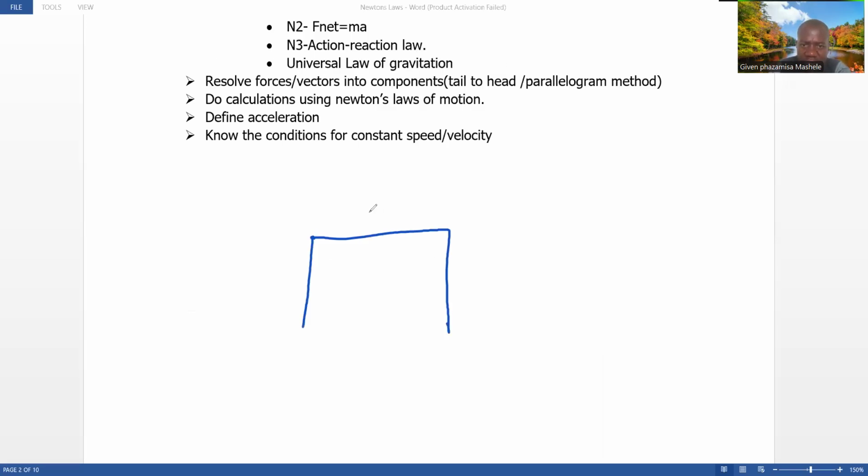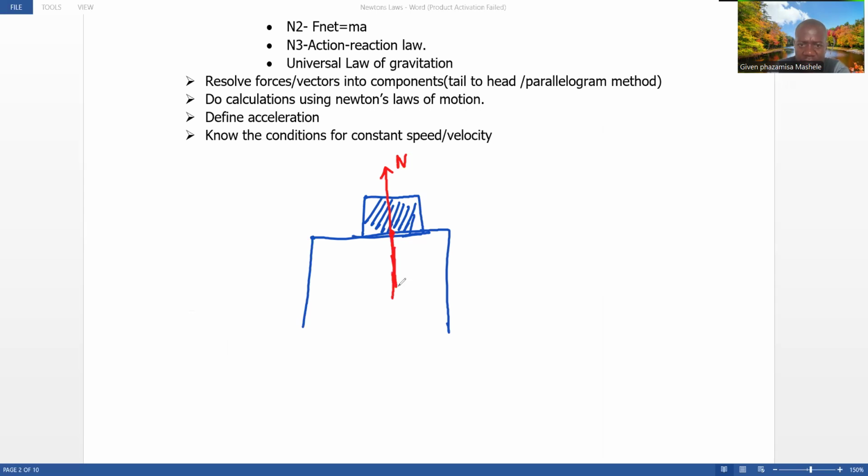The table, which is stationary. This is the surface. We had a force that is exerted from the surface to the object, which is the normal force. And also we have the force of gravity.